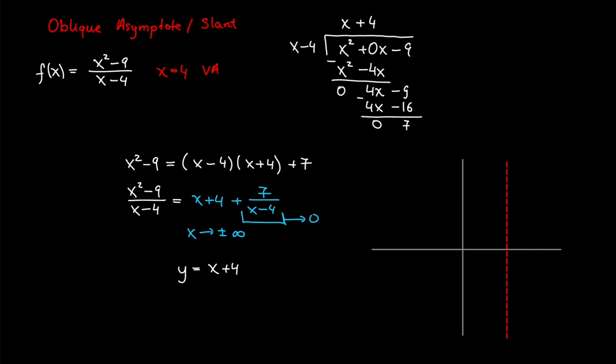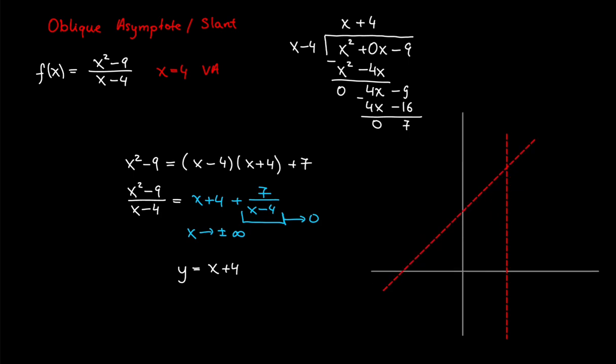If we plot it, it's basically a linear function which has a slope of 1, and x plus 4 looks something like this. And then finally, finding the x and y intercepts can also help you figure out that the graph is going to look something like this.